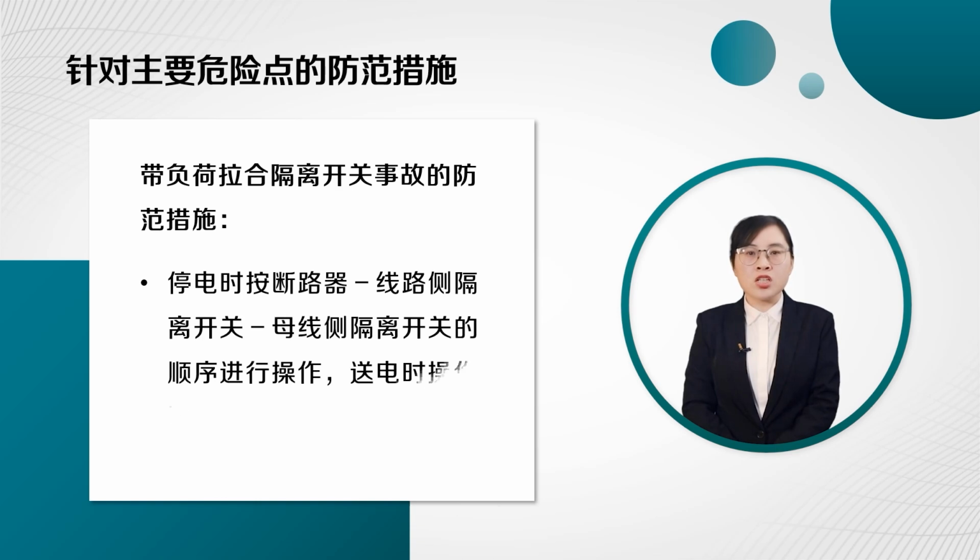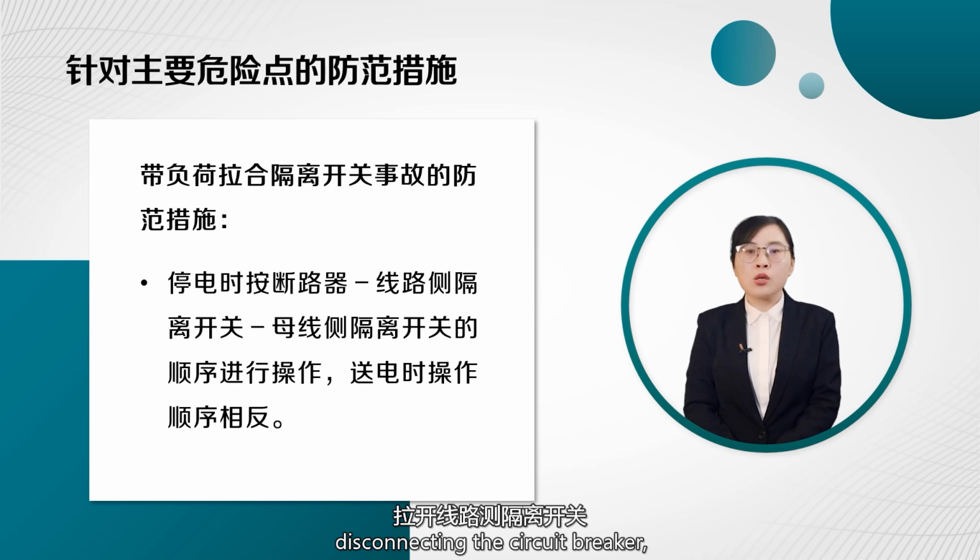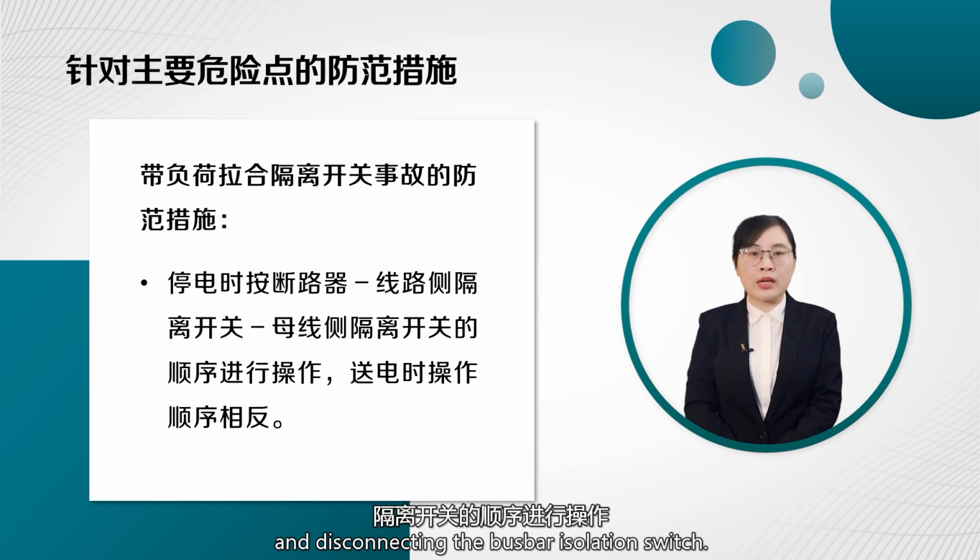Measure 1. When a power outage occurs, the operation should be carried out in order of disconnecting the circuit breaker, disconnecting the line isolation switch, and disconnecting the busbar isolation switch.